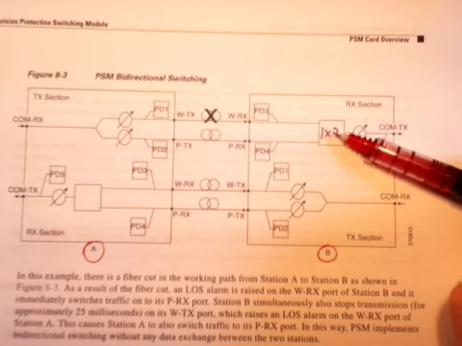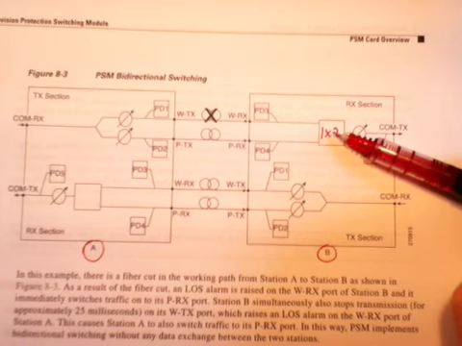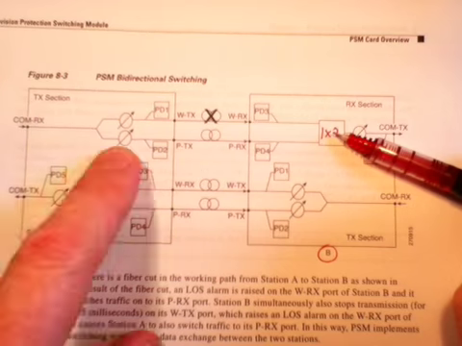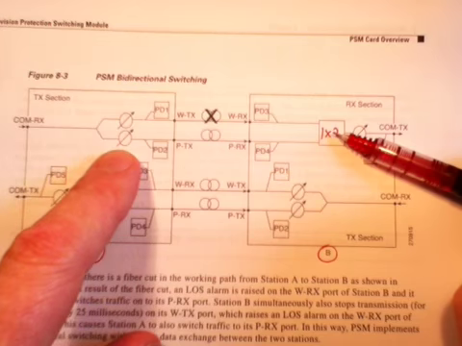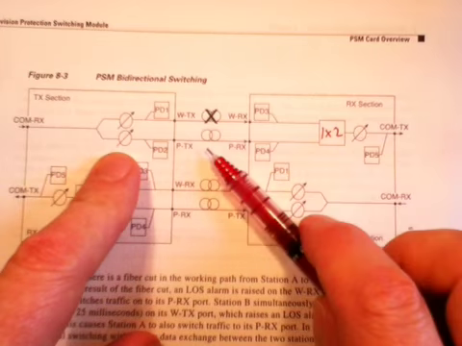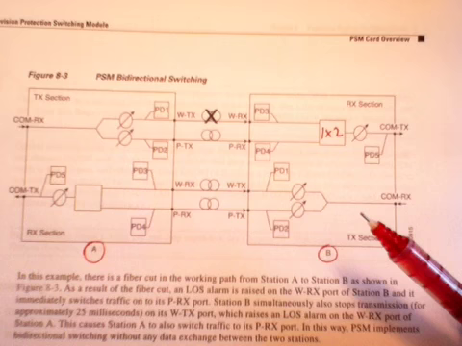How does the transmitter know to go ahead and turn up the power in the protection switch?